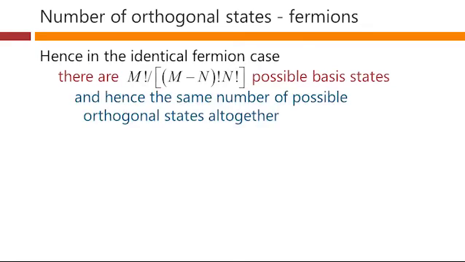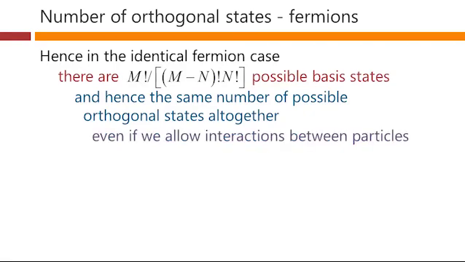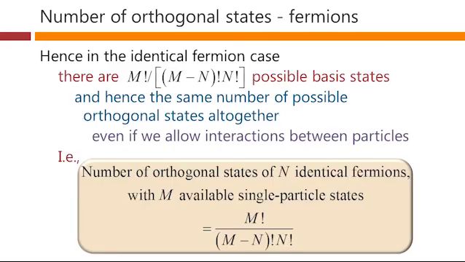And hence, by the same reasoning as before, the same number of possible orthogonal n identical fermion states altogether when we have m possible single particle states to choose from. And this is true even if we allow interactions between the particles. So, the number of orthogonal states of n identical fermions with m available single particle states is given by this expression.